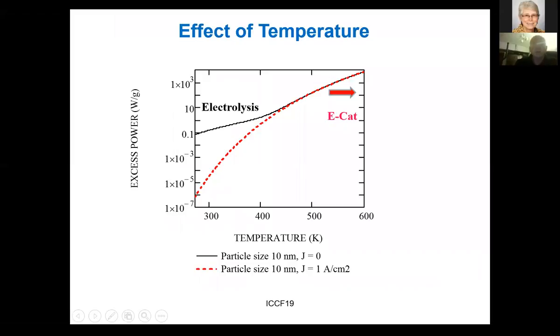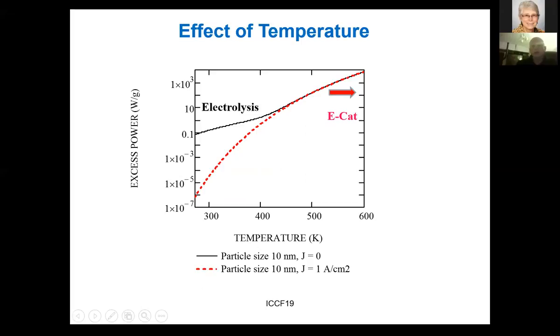The most important for us, for the replicators of ECAT, is the effect of temperature, because this slide shows you that this excess power production per mass, per 1 gram, depends on the temperature kind of monotonously. And the red line shows you the effect of pure temperature.